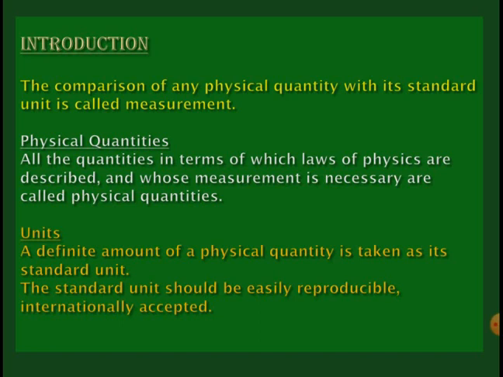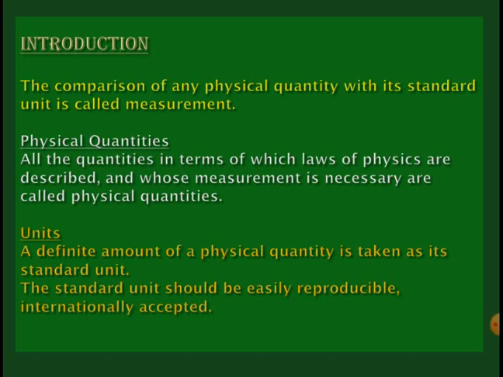The beauty of a woman, we cannot measure it. It depends upon person to person. It is subjective. We can't measure it. So those which are not measurable are not physical quantities.